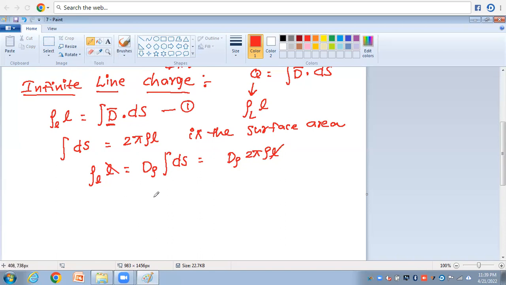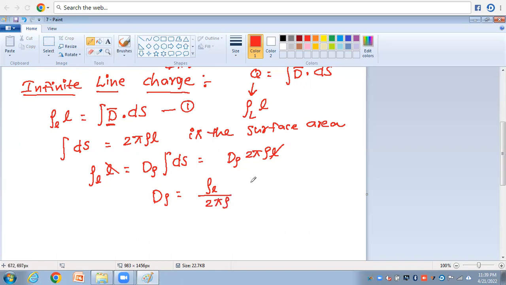Finally, D equals rho L, where L is a suffix, divided by 2 pi rho.